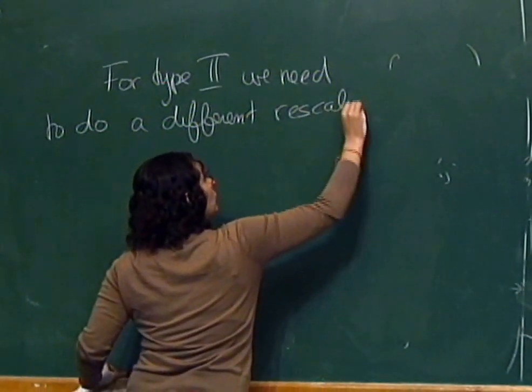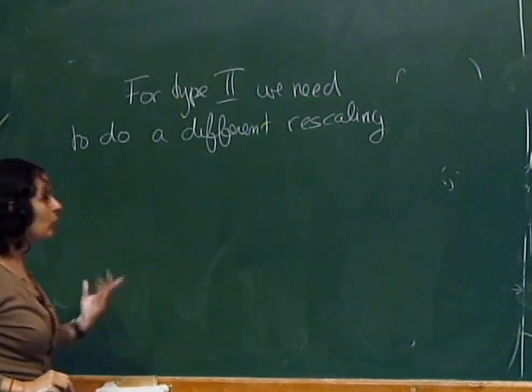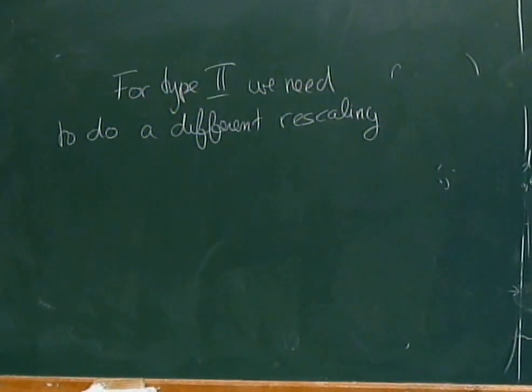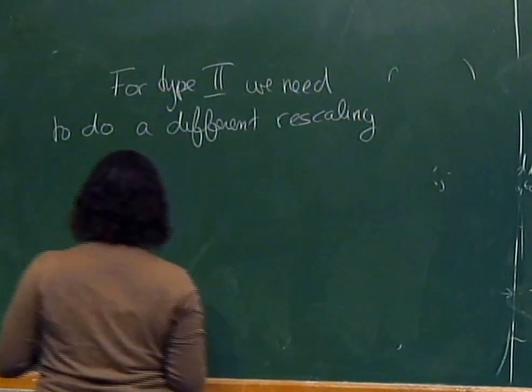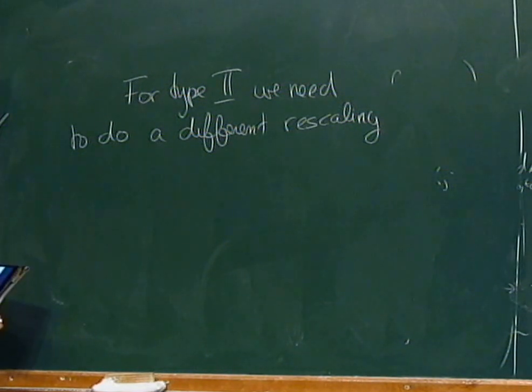The rescaling that I'm going to propose now, you can also do it for type 1, but what you get is maybe not that interesting. You're rescaling too much in some sense.